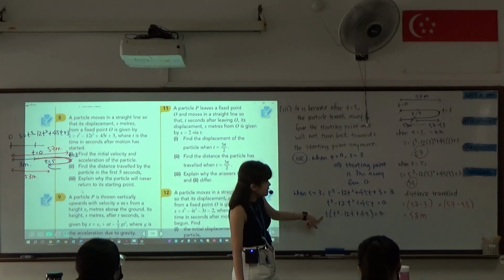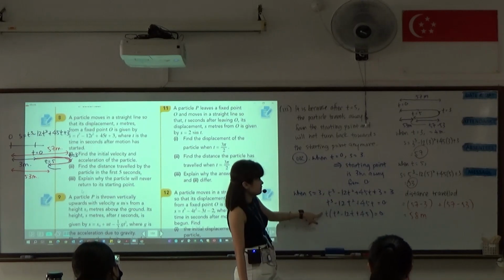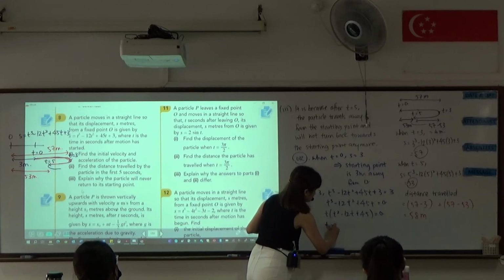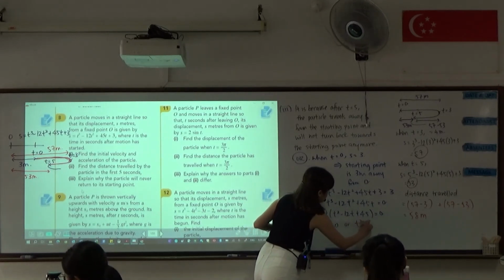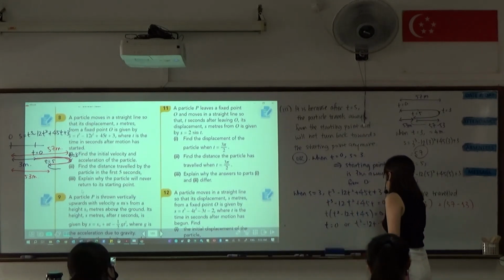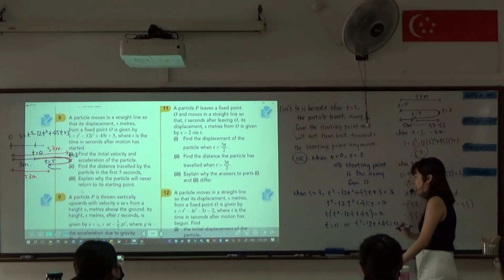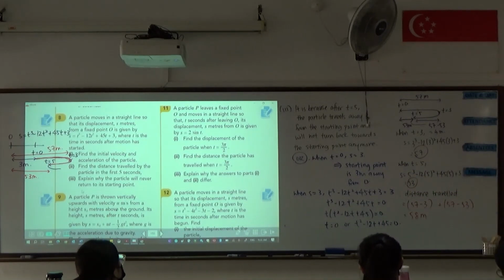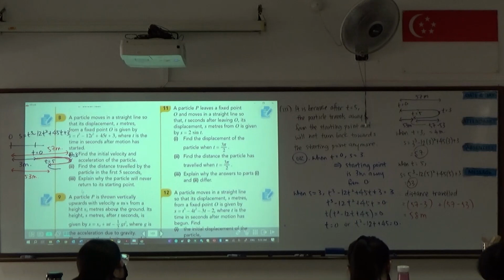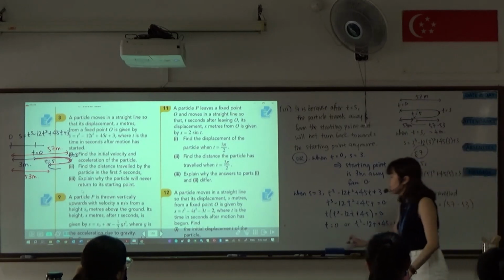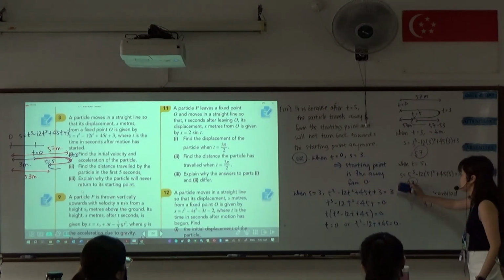Then we can factorize out the t since all the terms have a t, and then we're looking at t equals to 0, otherwise t squared minus 12t plus 45 equals to 0. Then we're looking at solving a quadratic equation, but if you notice in this quadratic equation, by looking at the discriminant, it is less than 0. So therefore, this quadratic equation cannot be solved.